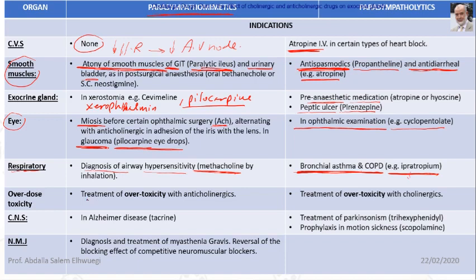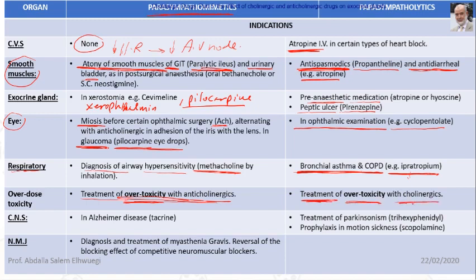Of course, each group is used for the treatment of toxicity with the other group. Therefore, parasympathomimetics are used to treat overdose toxicity with anticholinergics, and anticholinergics are used to treat overdose toxicity with cholinergic drugs.